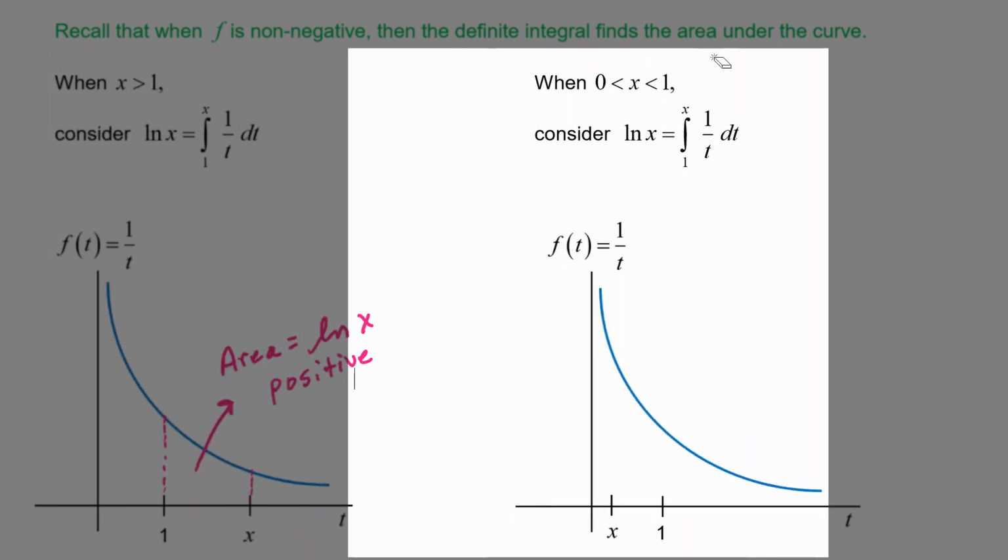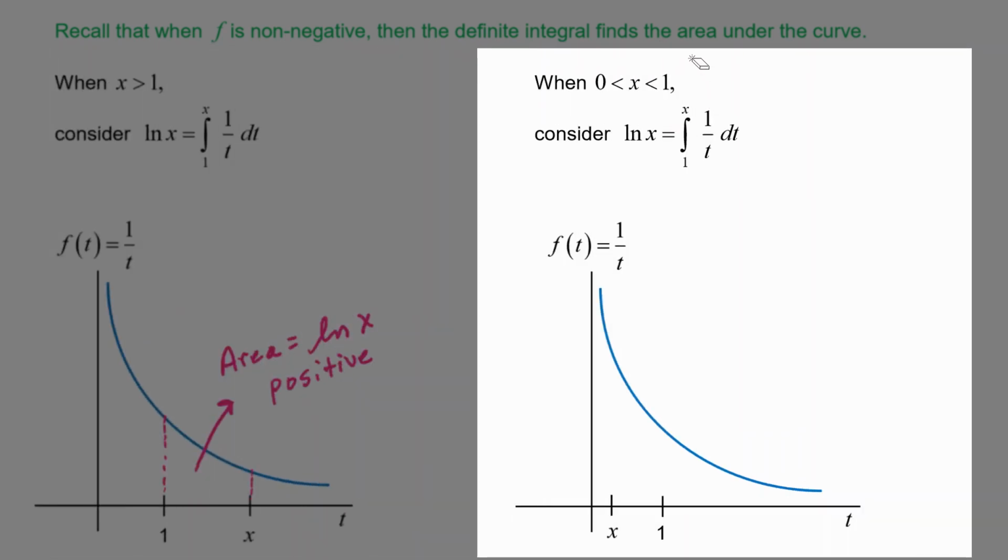Now, if we consider when x is between 0 and 1, and we look at that same definite integral, here's the graph of 1 over t.